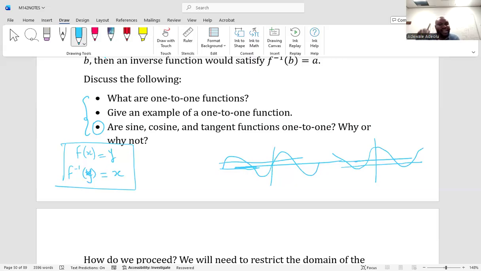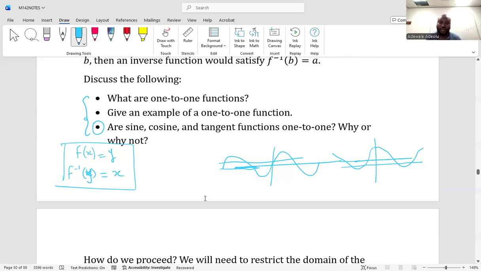However, we need to be able to move from ratio back to angle. Just as we were able to move from angle to ratio, we should be able to move from ratio to angle. Now, the question is, when these are not one-to-one functions, what can we do?